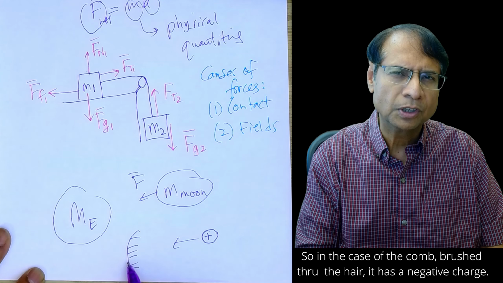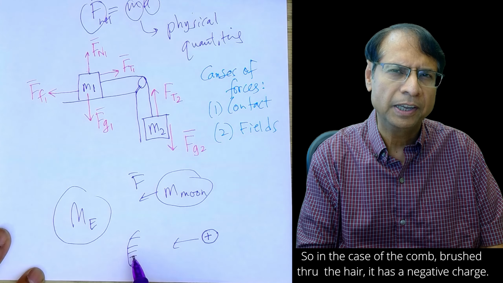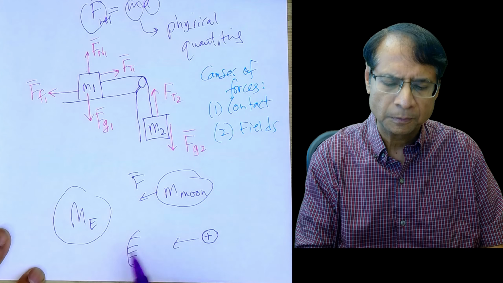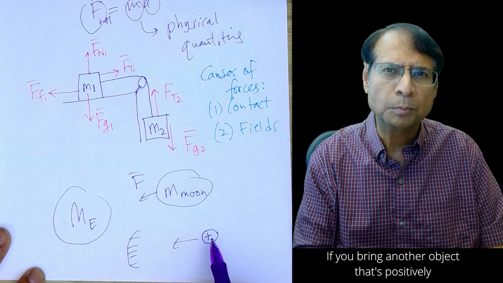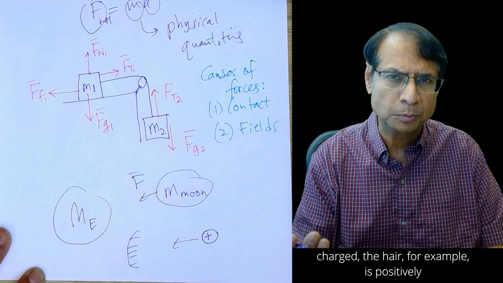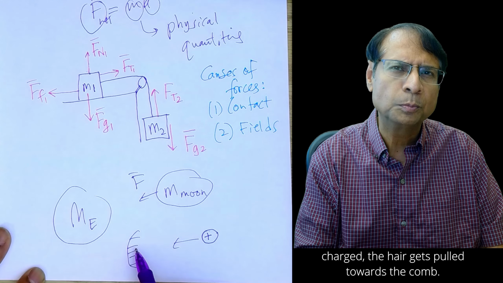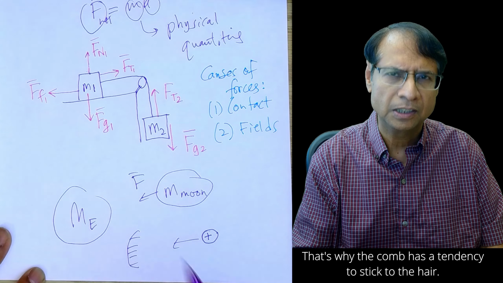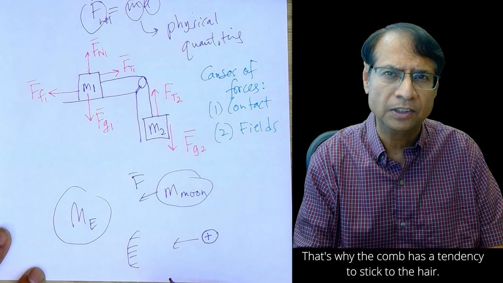So in the case of the comb brushed through the hair, it has a negative charge. If you bring another object that's positively charged, the hair, for example, is positively charged, the hair gets pulled towards the comb. That's why the comb has a tendency to stick in the hair.